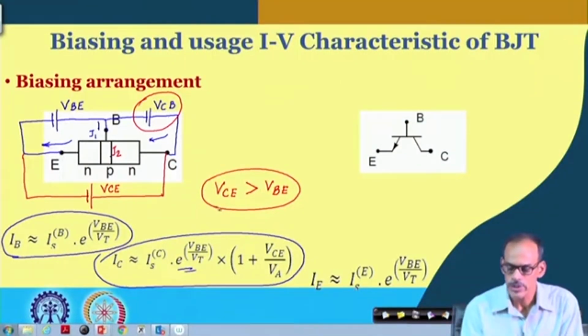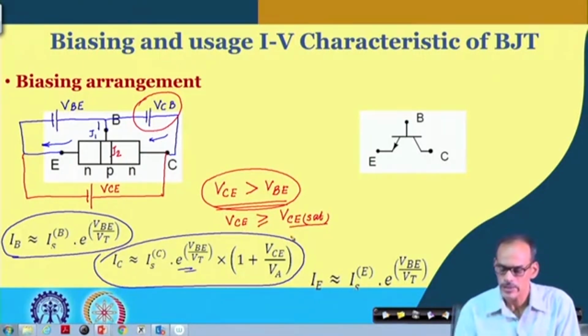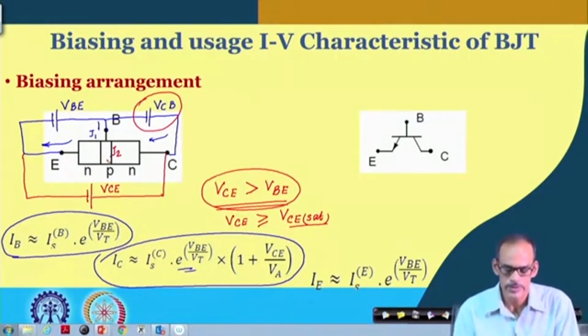Instead of strictly following this condition, we may say that as long as VCE is higher than some voltage, which may be even smaller than VBE on, we call it VCE set. We may discuss why we call it set, but as long as VCE is higher than some voltage, then for all practical purposes, though the second junction may get weakly forward biased, these equations of the currents remain valid.